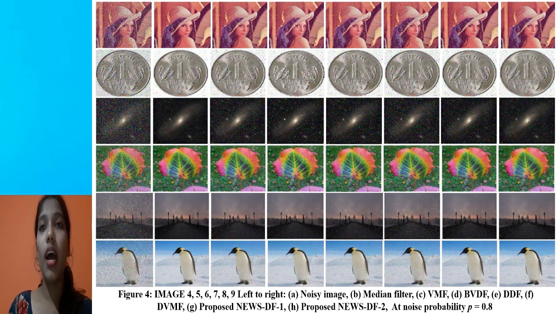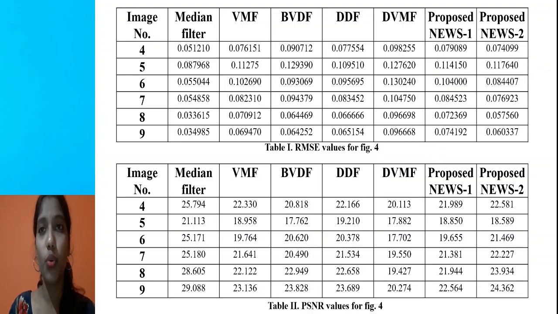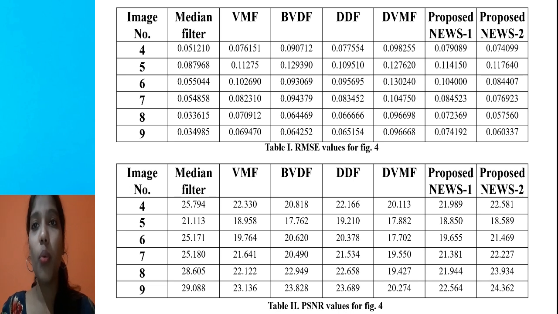We report the RMSE and PSNR values for figure 4 in tables 1 and 2. As you can see, the two tables of RMSE and PSNR for figure 4. When these values are averaged across all the images used, the directional vector median filtering is 70% worse than the proposed new directional filtering, while the latter performs equivalently to the vector median filtering.